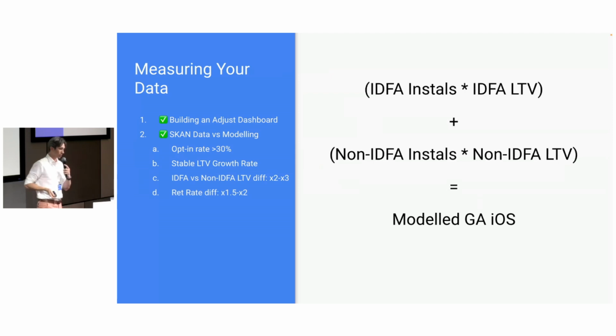So as a result, the formula which we use for Google iOS analysis is a sum of IDFA and non-IDFA LTVs. We also noticed that the differences in LTV between those two types of installs could be very big. So make sure to do your own research to find the right coefficients.